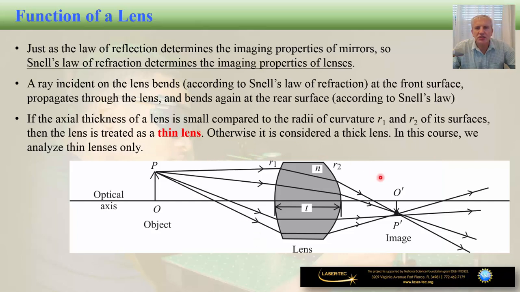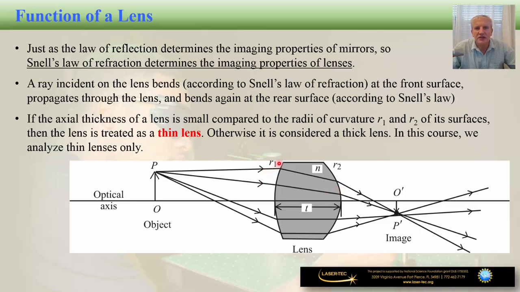If we are looking at the picture shown on this slide, we can see the object or the original on the left hand side relative to this lens, and we see a few different light rays that are propagating through the lens. As you can see here, the incident light rays that are coming left to right and hitting the lens are not bounced back but rather are passed through the lens according to Snell's law of refraction.